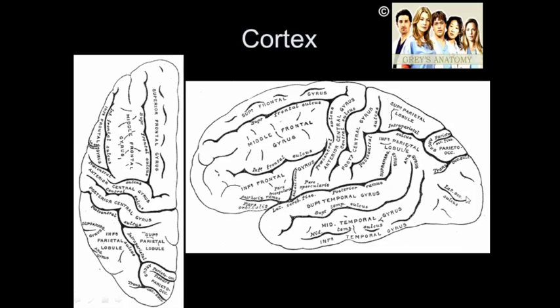Yes? Are all these gyri symmetric, exactly the same? It's never fully symmetric, but you should be able to identify all of them, especially the main ones. It's also interesting that there is a lot of variability. For instance, in some people the precentral sulcus is continuous, and in some people it is discontinuous, with two sections that are interrupted.